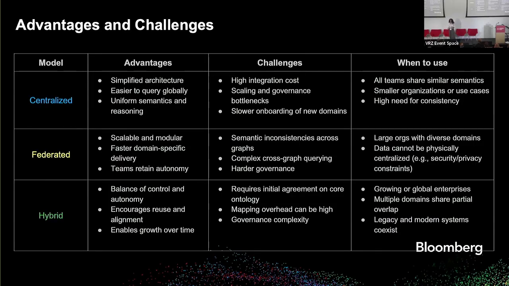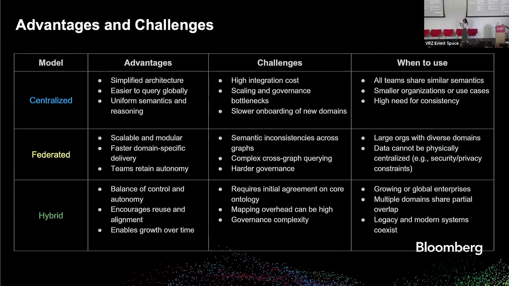Hybrid is mostly the best approach in many organizations, from my personal experience, because it balances control and autonomy, encourages reuse and alignment, and enables you to grow over time. Obviously, governance is still needed. It's a little complex because you have one central governance and then some distributed governance.